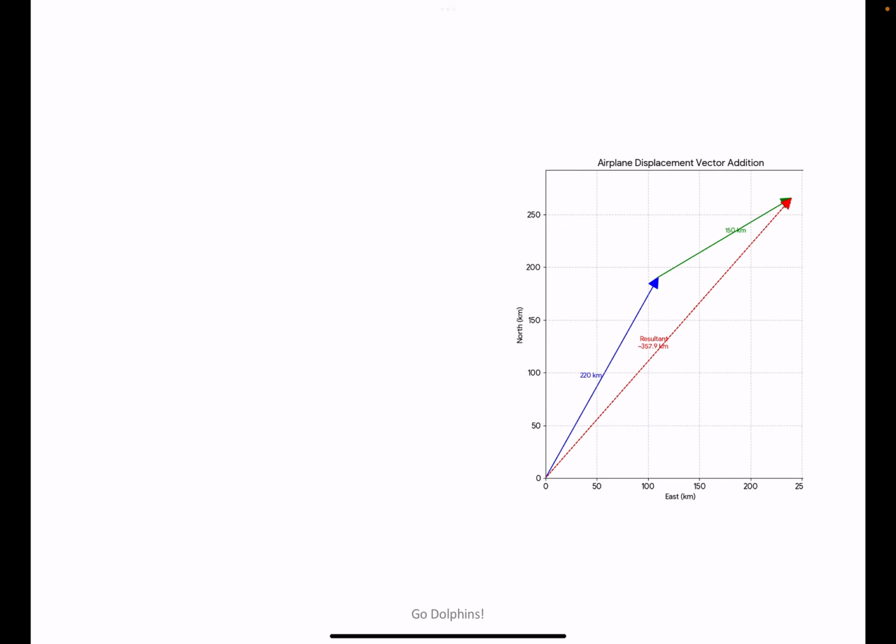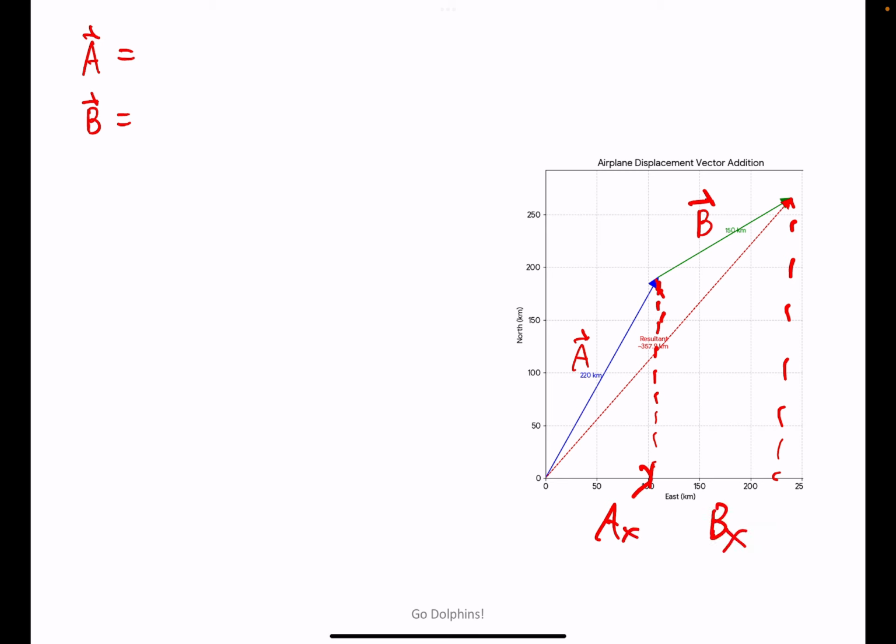So to do this, let's call the blue vector A. This is our vector A. And call the green vector B. Apparently, we want to find out what is A plus B. So the displacement in X, this is Ax, and this is Bx.